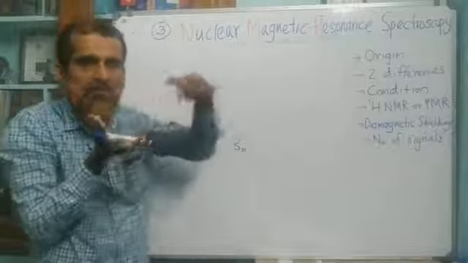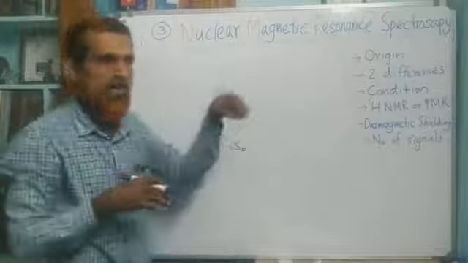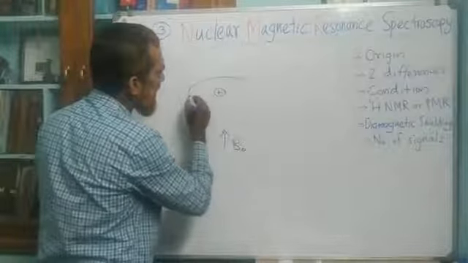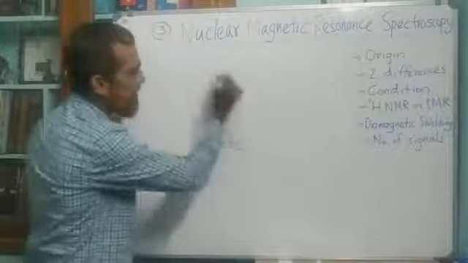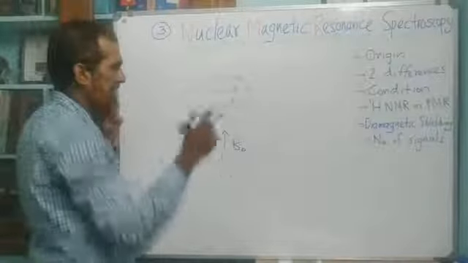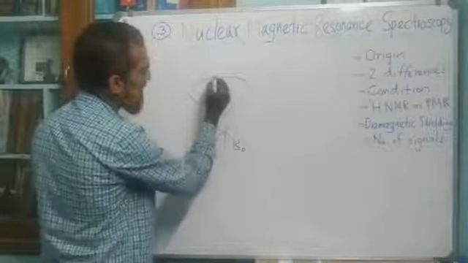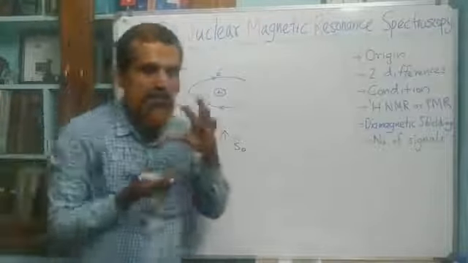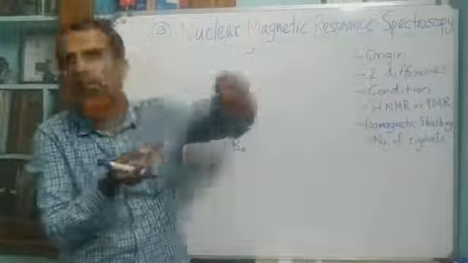The electron density will be confined to a plane, and the electrons are revolving around the nucleus in a circular fashion, suppose like this. So these are the electrons around the nucleus.